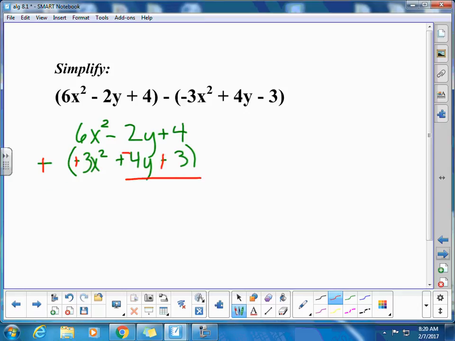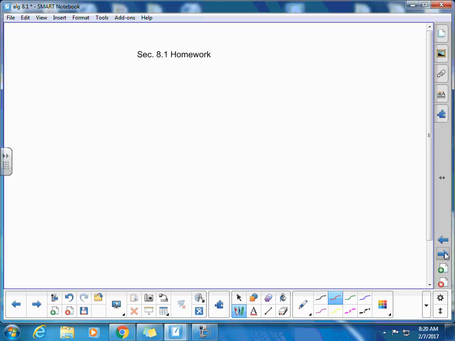Draw my line. 6x squared plus 3x squared, 9x squared. Negative 2y plus negative 4y is negative 6y. 4 plus 3 is 7. Plus 7. So if you were going to do it this way, I would change this to plus, adding the opposite, and then you would go and gather your like terms. That is it for this section.